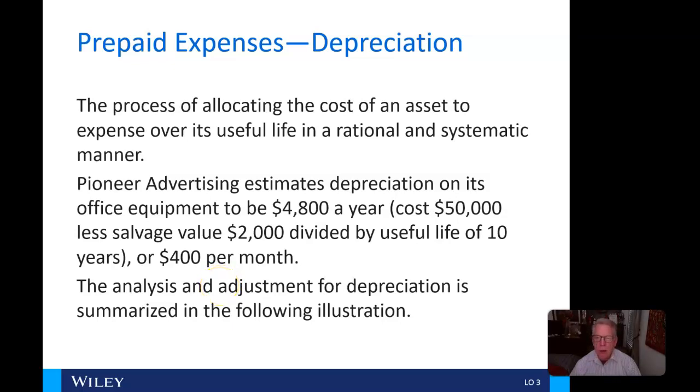Its salvage value was $2,000, so that's a depreciable cost of $48,000. We divide that by 10 years. That's going to be 120 months, and that's going to come out to $400 a month. So we divide 48,000 by 120, we get 400 per month.